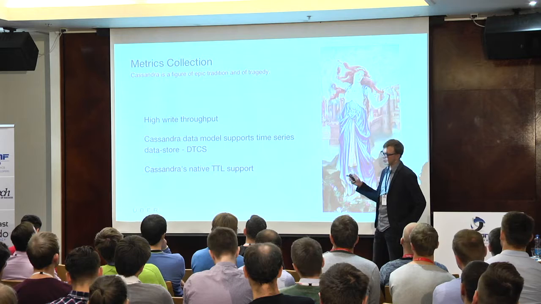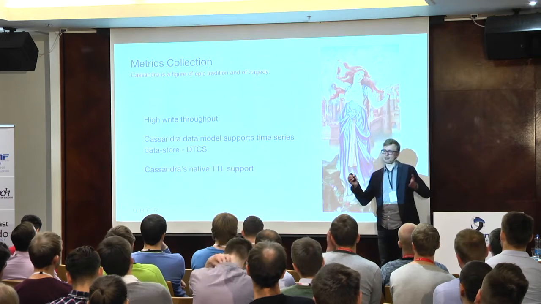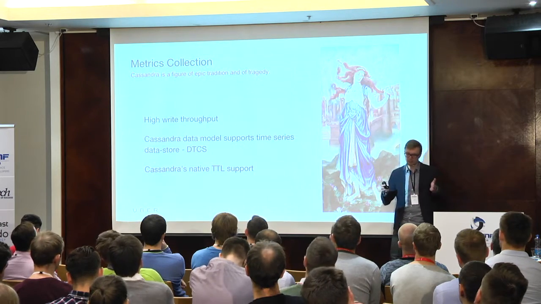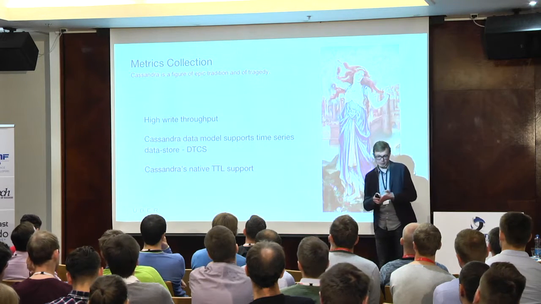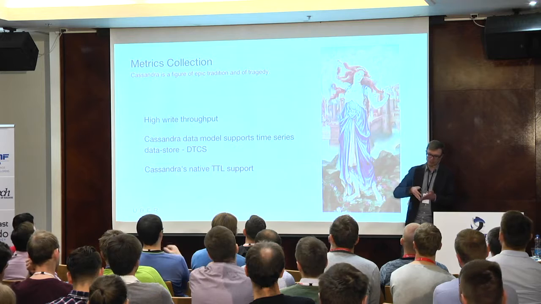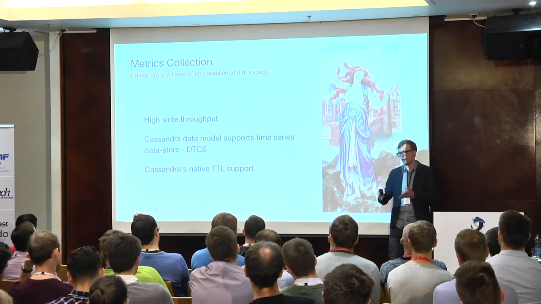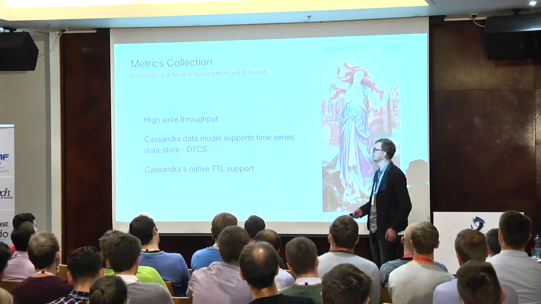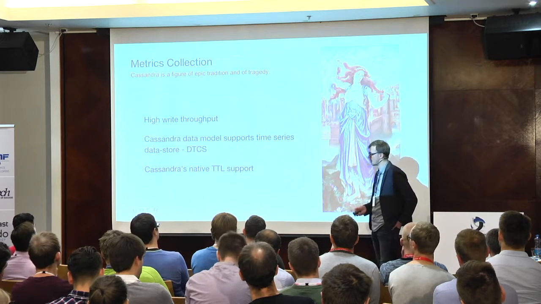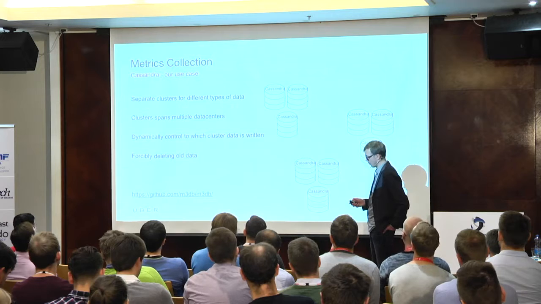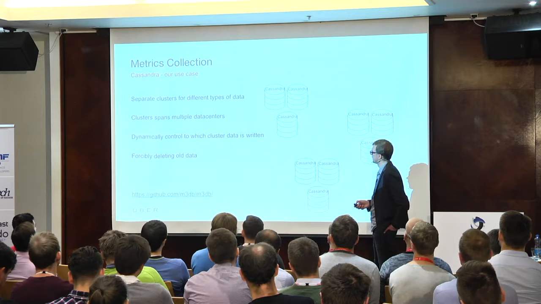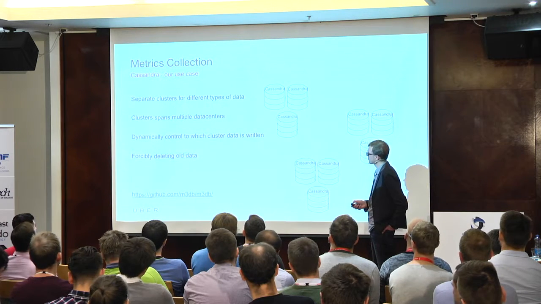It supports the date tiered compaction strategy, which is how Cassandra handles data on the disk, and which is perfect for metrics. Additionally, it supports native TTL, so all the metrics can be discarded automatically. We don't even care about deleting them ourselves. So it was a good working database for us.